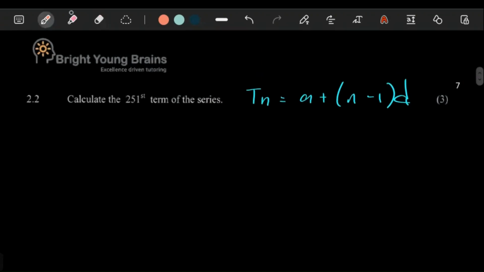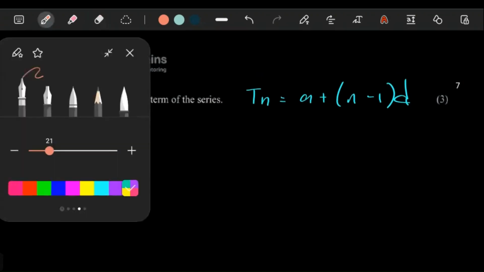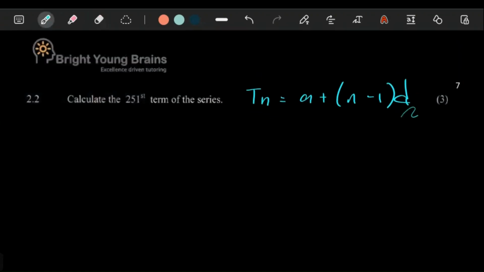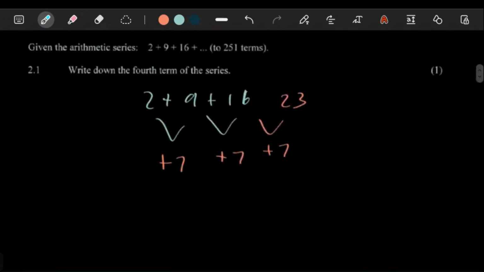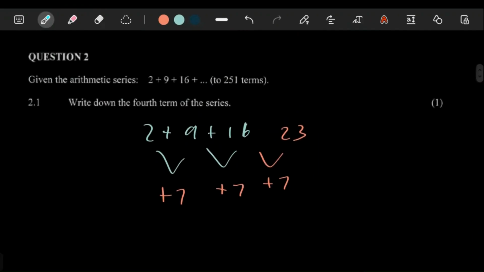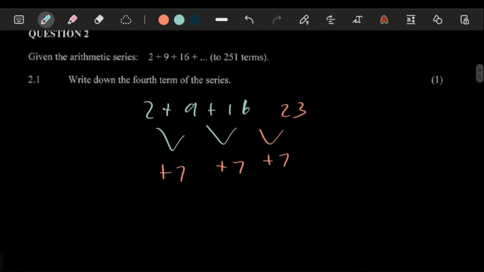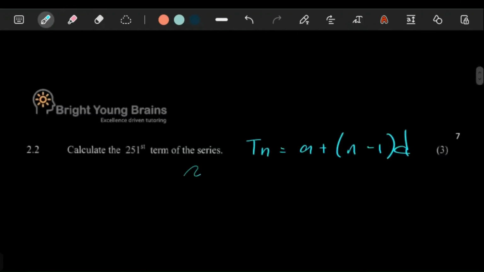But in this situation, let's not add unnecessary information. This is your general term for an arithmetic series or sequence. A series will just be split up by a plus or minus in between the numbers, and a sequence will just have semicolons, but they basically work the same all the time. It's just appearance that's different.